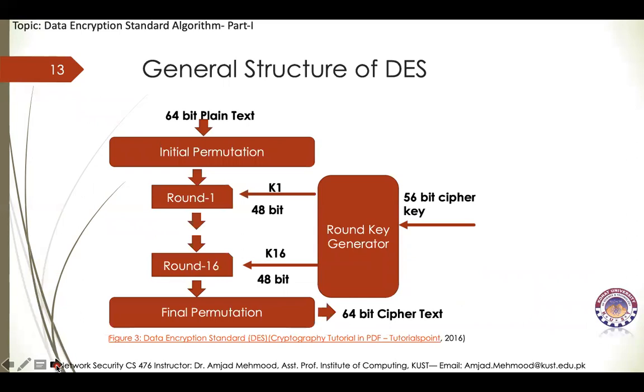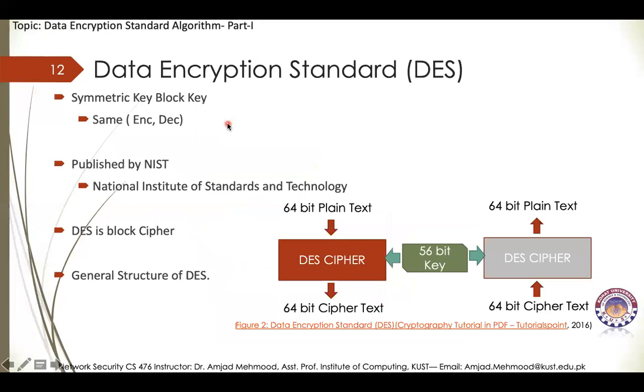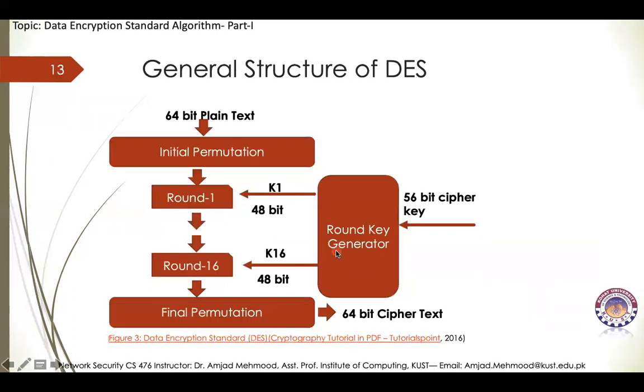You can see here the 64-bit plaintext. In the previous slide, that was a very abstract kind of model. But here I have shown in detail the steps involved in the Data Encryption Standard. In the 64-bit text, you can see that first we have an initial permutation.